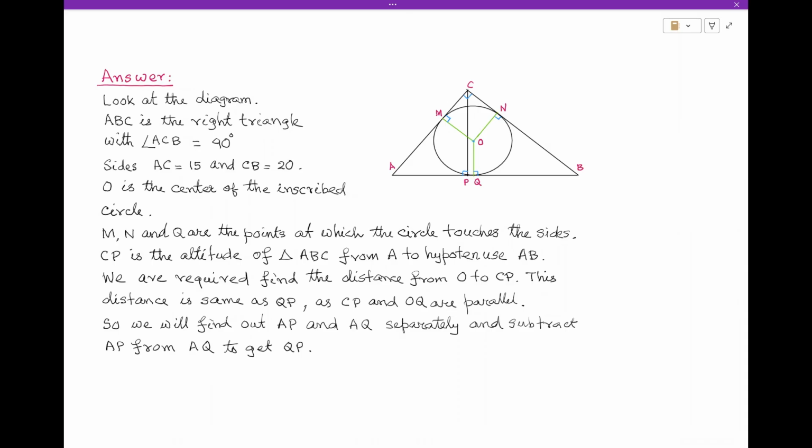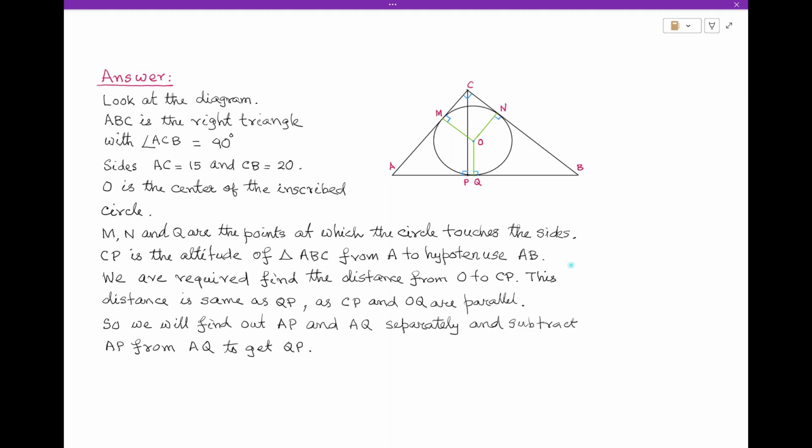M, N and Q are the points at which the circle touches the sides of the triangle. CP is the altitude of triangle ABC from C to hypotenuse AB.